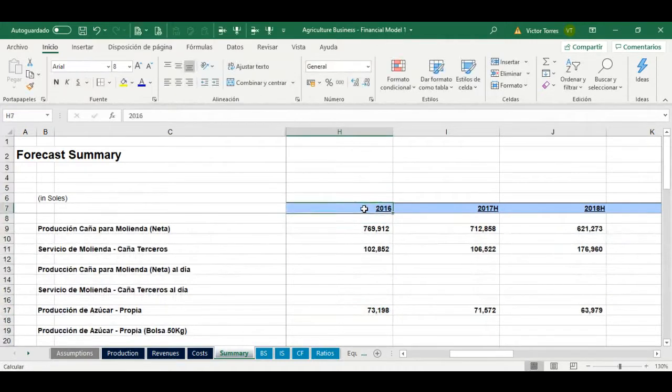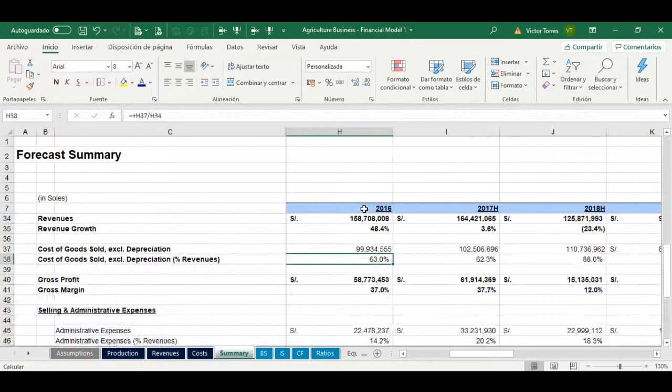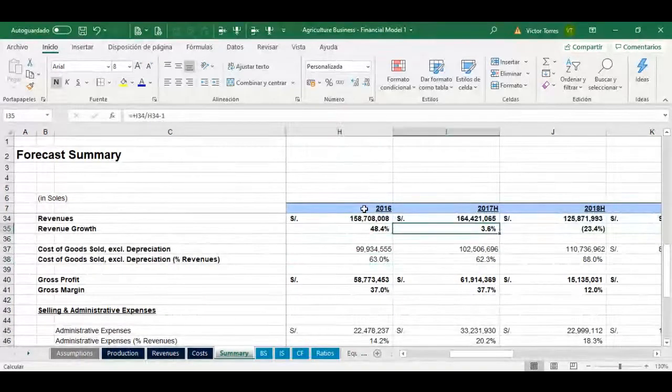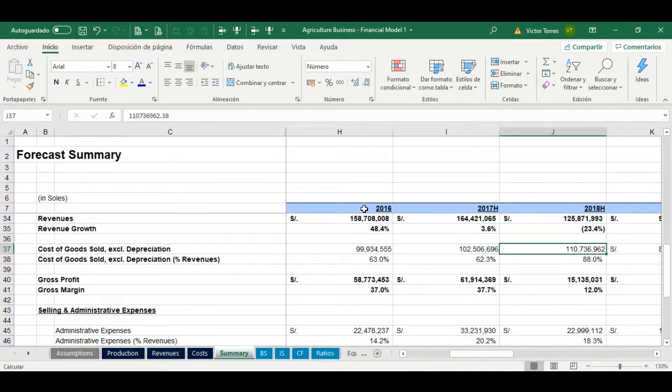This is an odd issue, because in 2016, 2017, prices of sugar skyrocketed. It was a particular fluke that occurred outside Peru, and the company exported a significant amount of sugar in these particular years. So that's why gross margin was so high, 37.7.